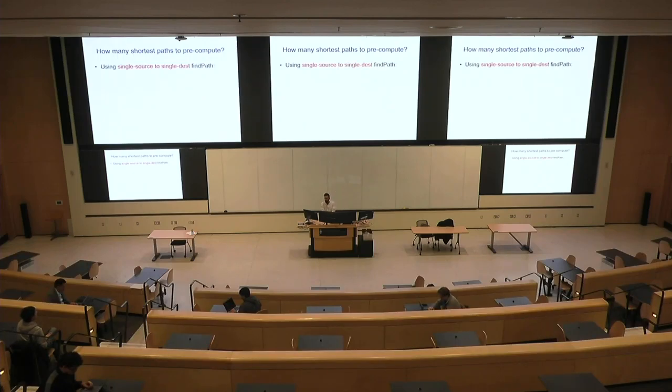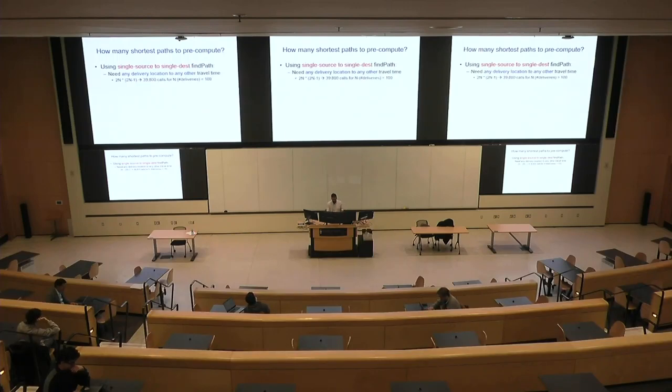And the number of those intersections can be big, right? So if we rely on the single source, single destination find path, which is what you are building in milestone 3 right now, what do we know here? We need the travel time from any delivery location to any other delivery location. We have around 2n intersections, where n is the number of deliveries, so that's in the order of n squared.